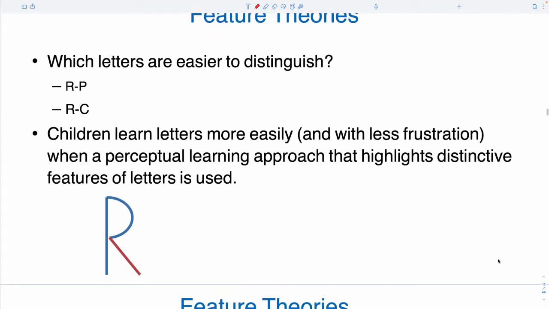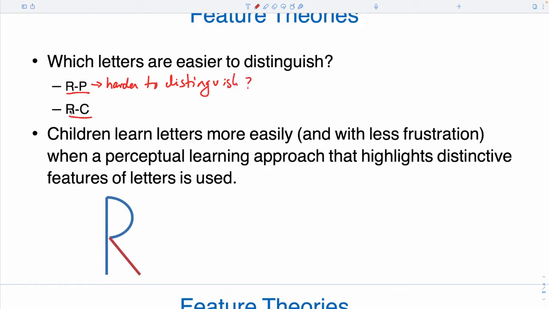Which letters are easier to distinguish? Here, the R or the P, or the R and the C? These are harder, aren't they? Why?